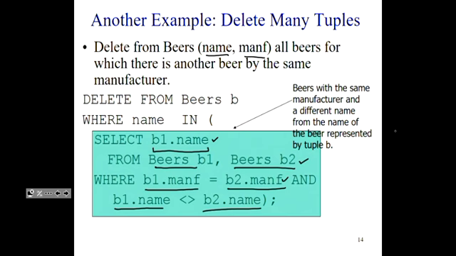Once I've selected all of those tuples, that is the result of the subquery. These are all beers where there's another beer also made by the same manufacturer. Then I go ahead and delete from beers.